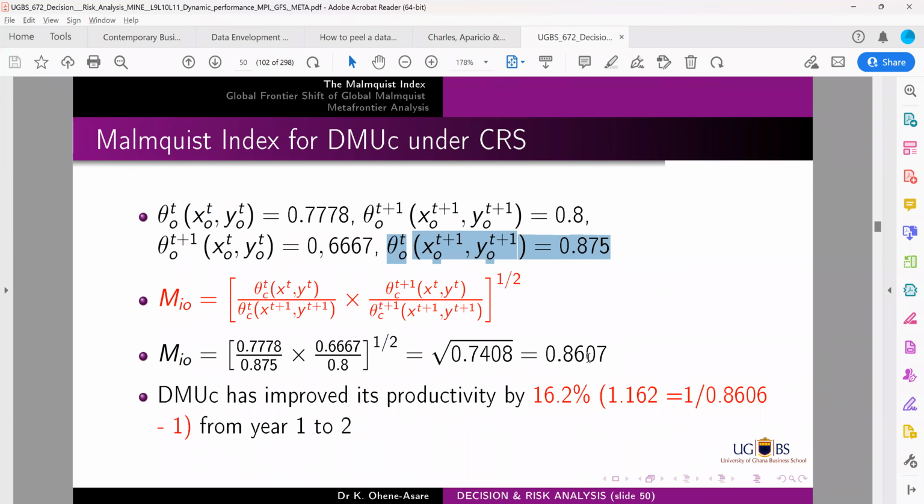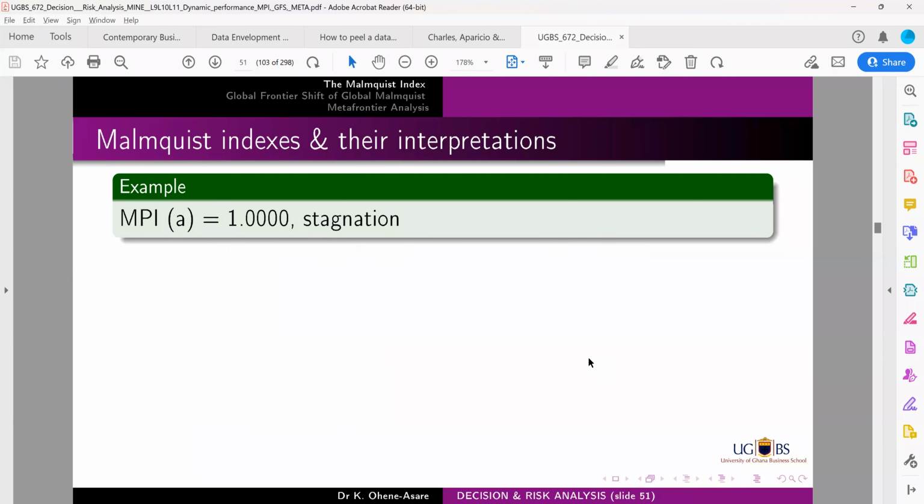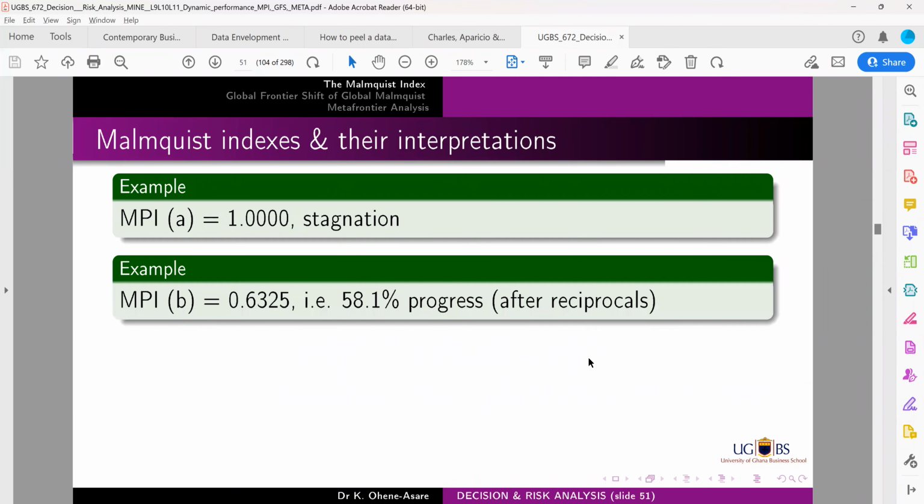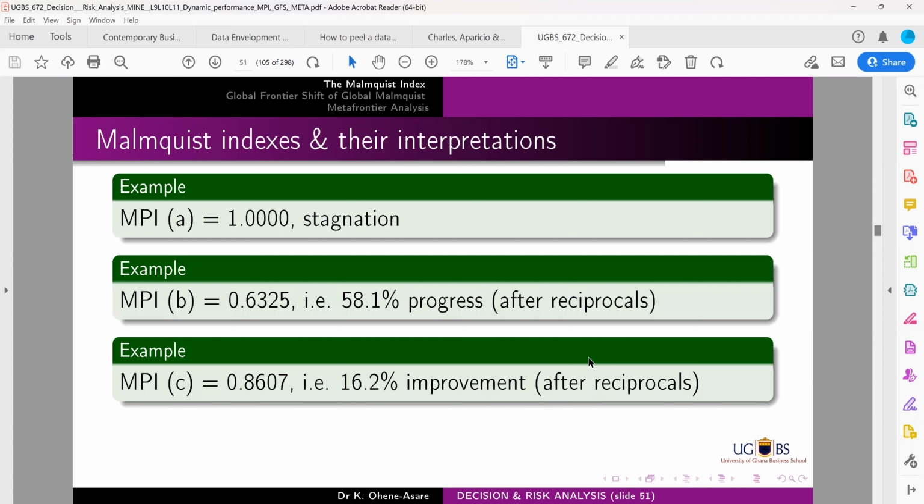But in order to see the progress well, you got to take the reciprocal of the answer. And the reciprocal will be equal to 1.162, which means that firm C progressed by 16.2% between period 1 and 2.